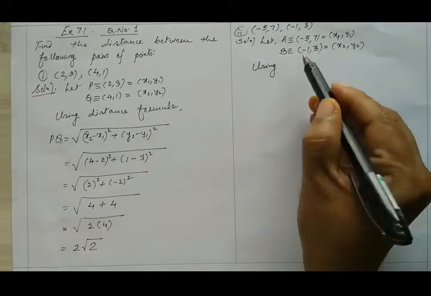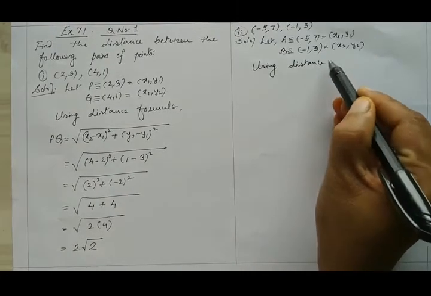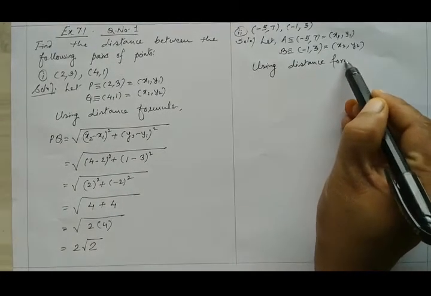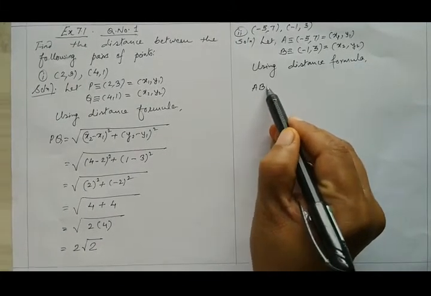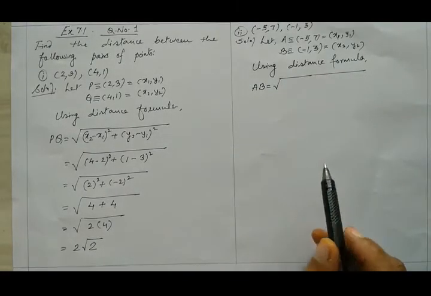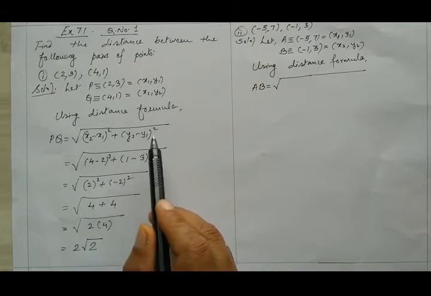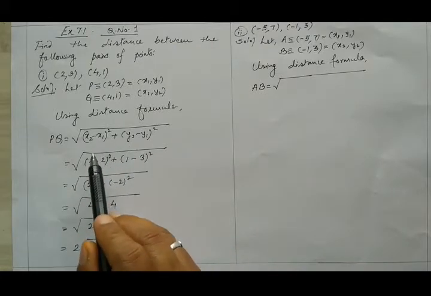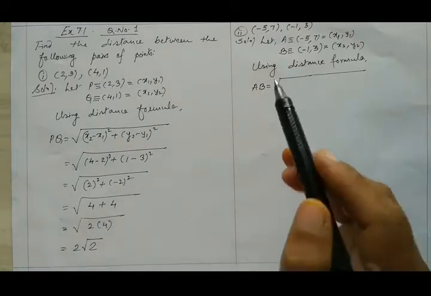So using the distance formula, the distance AB is equal to, now we have seen under root of (x2 minus x1) whole square plus (y2 minus y1) whole square. Instead of this we can also write (x1 minus x2) whole square plus (y1 minus y2) whole square. Let us use this one.